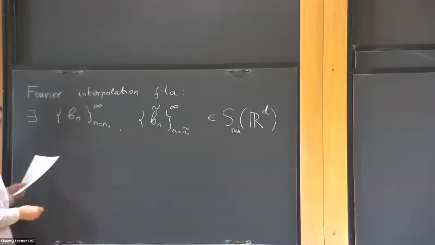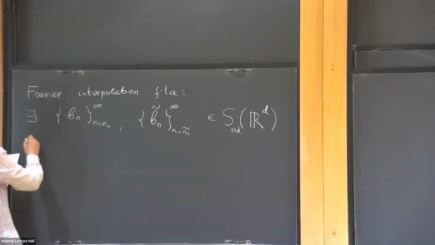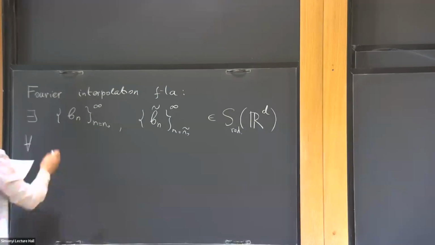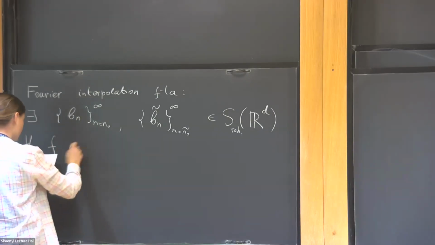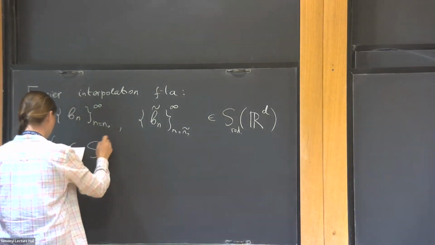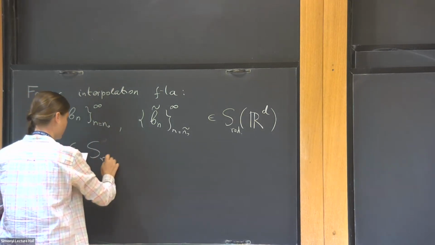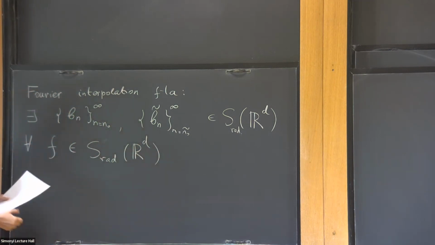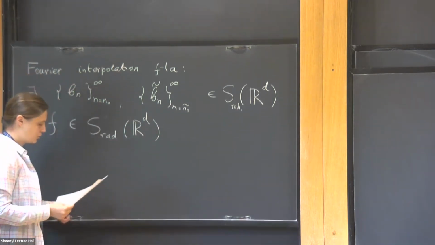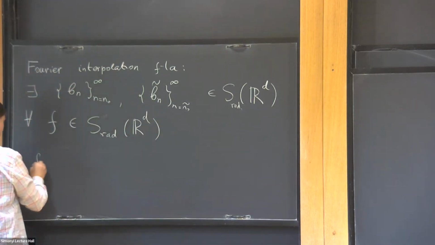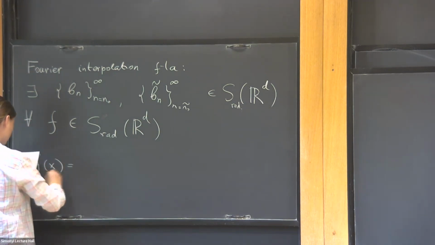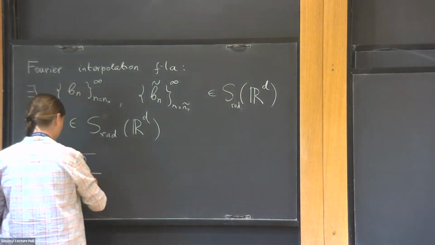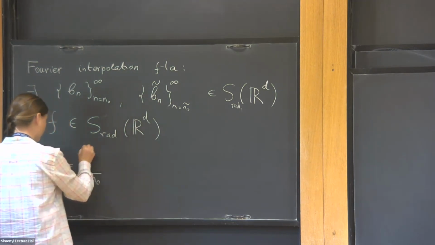These are two different sets of functions, and this would be our interpolating basis. The condition that we want to be true is that for any function f, the following should be true: the value of the function f at any point x can be computed in the following way.